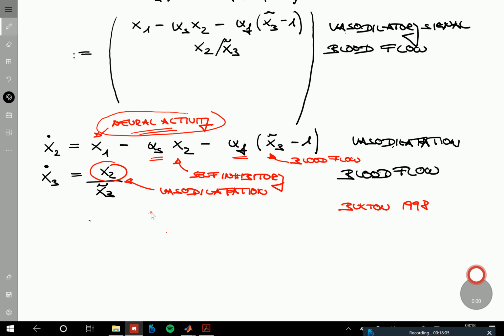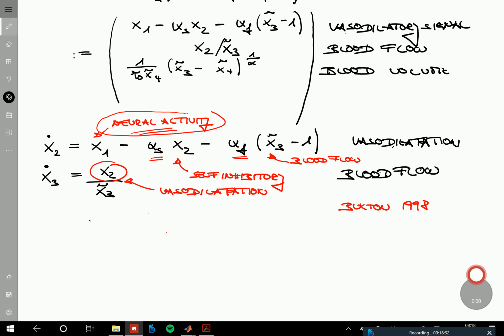So the fourth state variable, which models blood volume, is evolving according to this equation. And so that's blood volume.